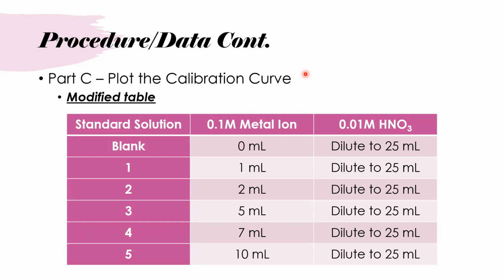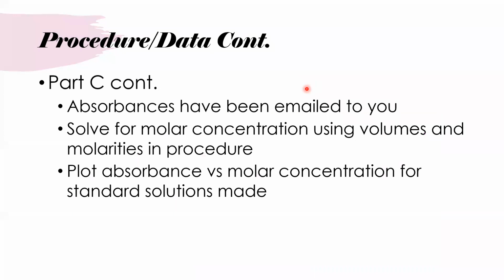With those, you can make your calibration curve. Yes, absorbances have been emailed to you. Solve for molar concentration using the volumes and molarities in the procedure. Then plot the absorbances versus the molar concentration for the standard solutions to get your calibration curve.